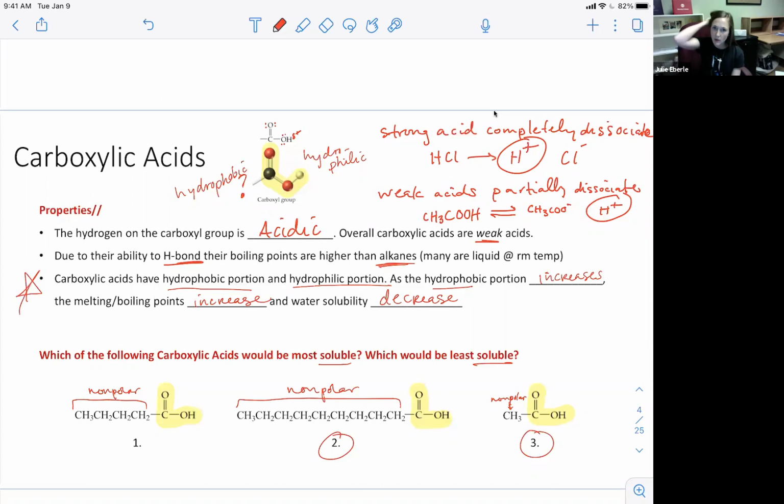The carboxylic acid, 1, 2, or 3, that's most soluble in water. Then on the opposite end of that, number 2, tell me which one you think is least soluble in water. And then take a guess at which one would have the highest boiling point. Reread the blanks we filled in on that last bullet point if you need to.